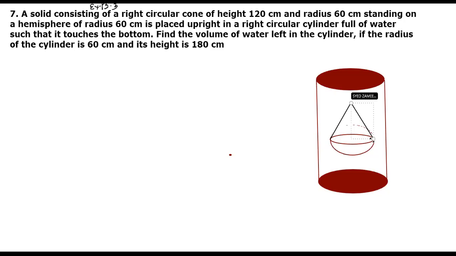Yes, this is the given question. Now, we will write the dimensions given. The height of this bigger cylinder is given to us, and the radius, 60 centimeters, is the radius of the cylinder.